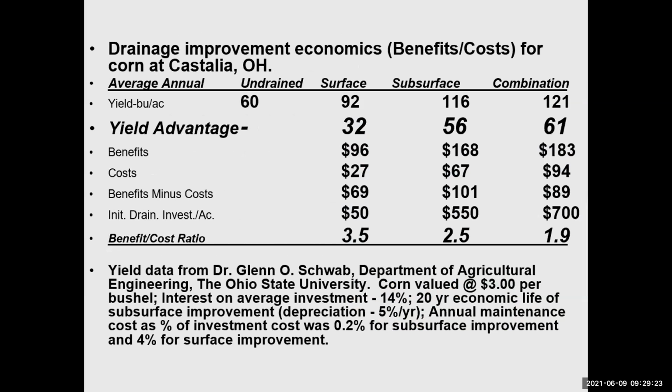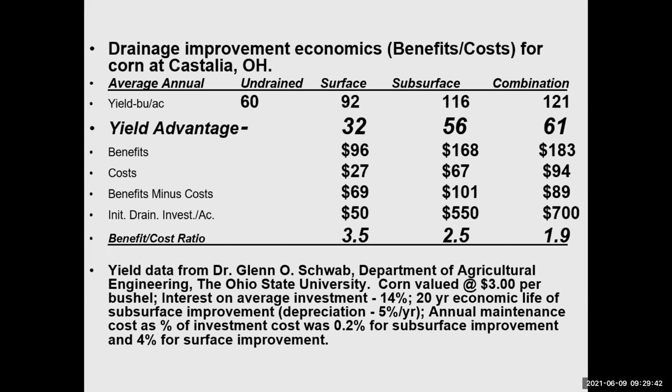Okay. From the work that Glenn did, he summarized his data, and from this slide, you can go across the top bar. This is annual average yield over the period of time that the study was conducted.